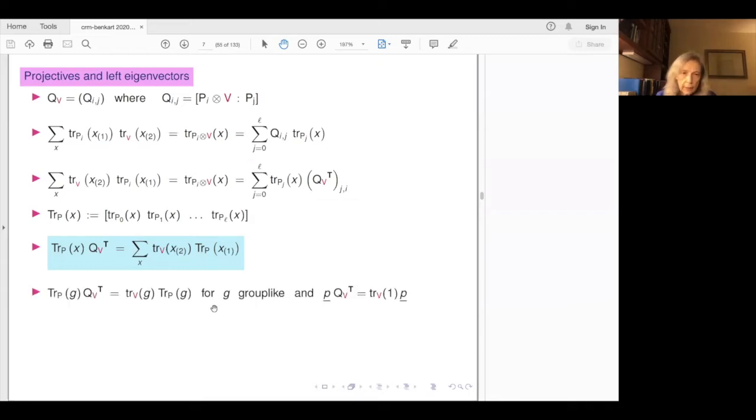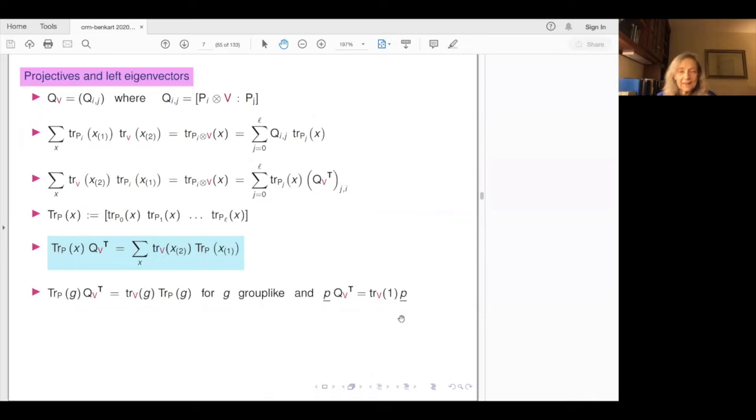Again, we can evaluate this at group-likes, and setting the group-like equal to 1, we get the projective dimensions as an eigenvector. There's only one slight problem: these are eigenvectors for a different matrix.